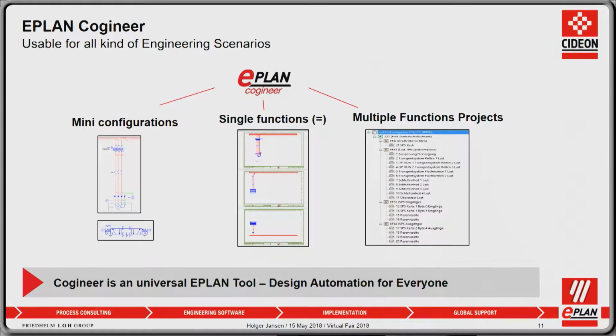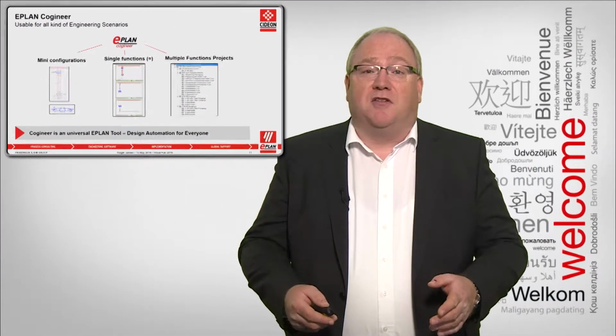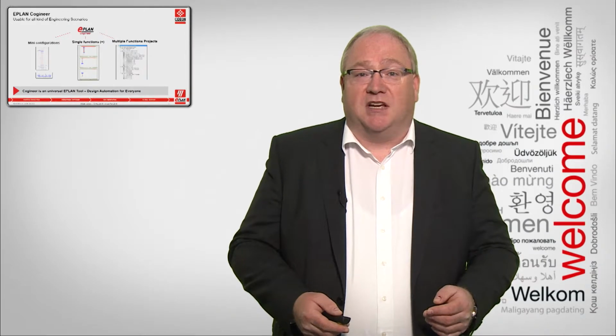Starting with small single functions like drive controls or mini configurators, up to complete projects, you go up a ramp of automation using ePlan Cogineer, and it will not hold you back from doing your daily business, because it's not necessary to think of 100% automation from the first day of use.